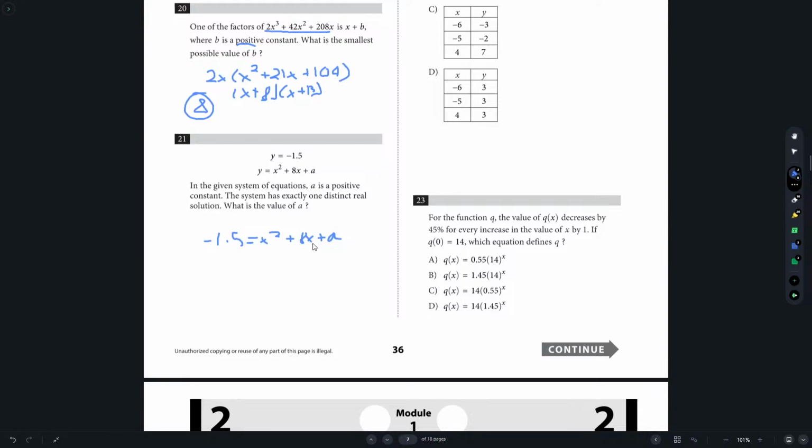Well, there could be. x plus 4 squared would give us this, if a is equal to 2.5. So suppose a is equal to 2.5 and we add 1.5. Then we have x squared plus 8x plus 4. No, that wouldn't be correct, because the 8x would have to be achieved a different way.